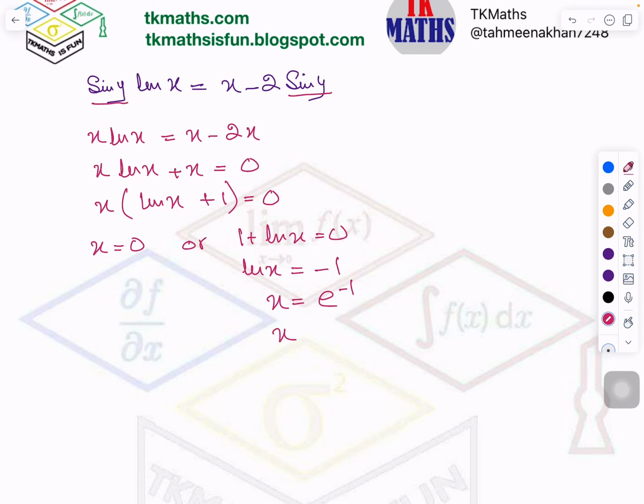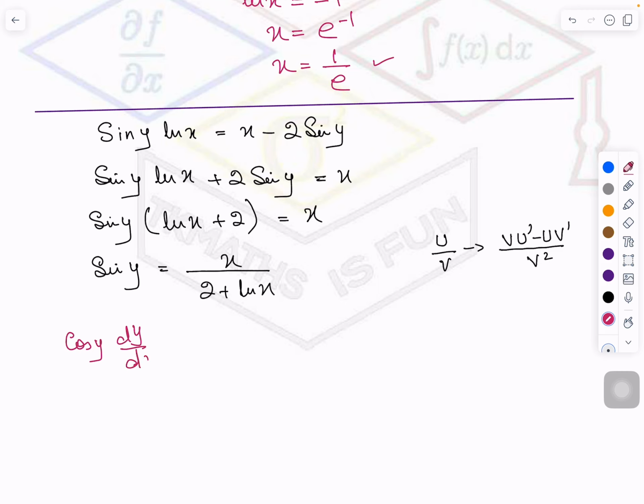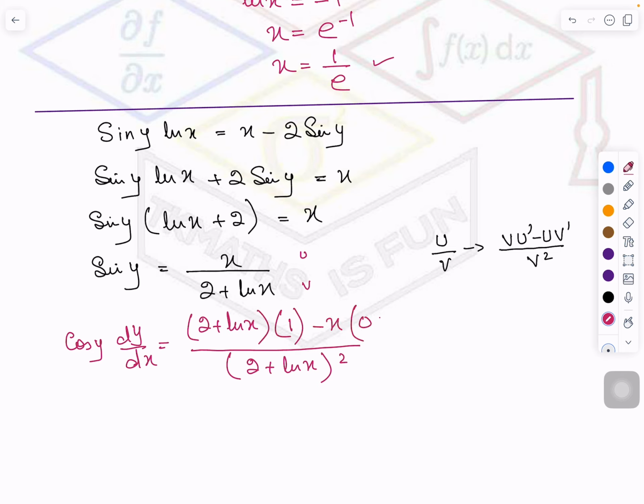The differentiation of sin y will be cos y dy over dx, is equal to, now this is my u and this is my v. So it is v squared, then v u prime minus u v prime.